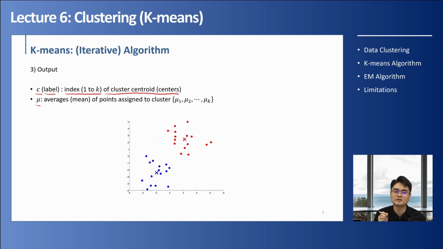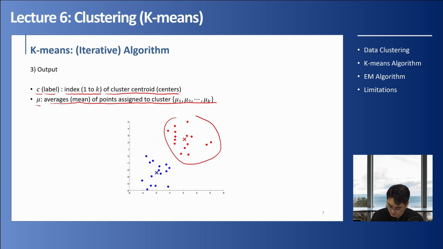So for each data point, we get the index of its cluster, so we know the cluster index of any data point inside our data. Mu is the average, or mean, of the points assigned to our cluster, so simply the mean of the cluster. We're going to have these two pieces of information as the output of k-means clustering.